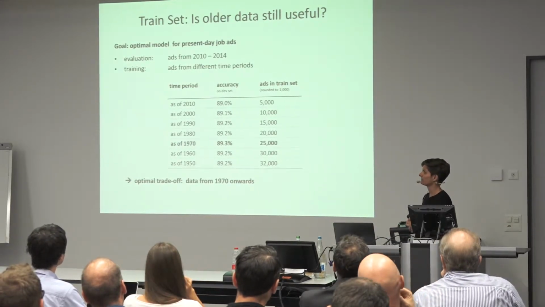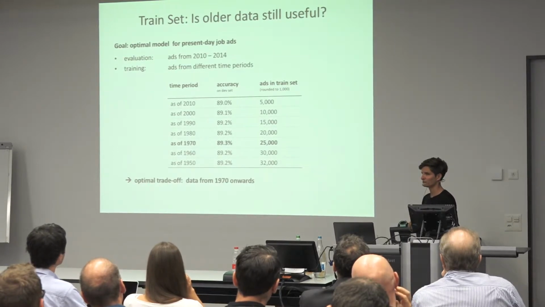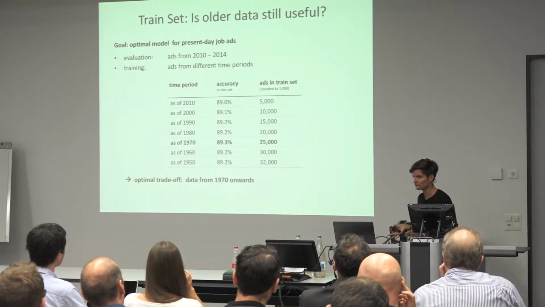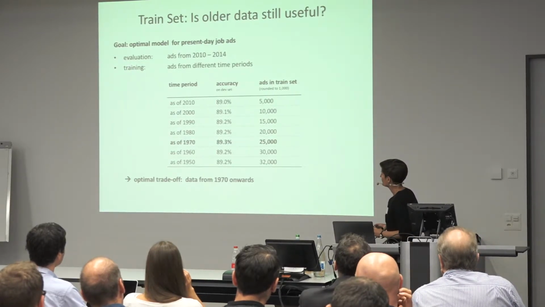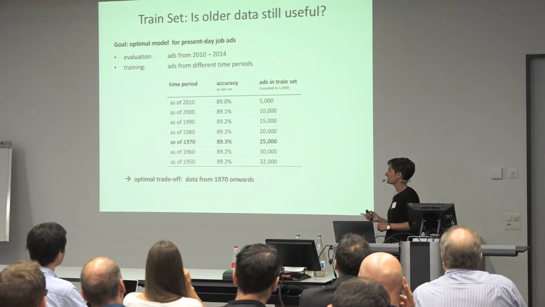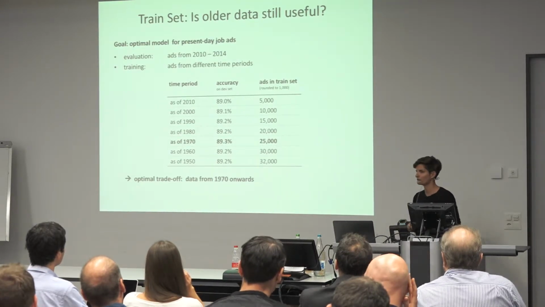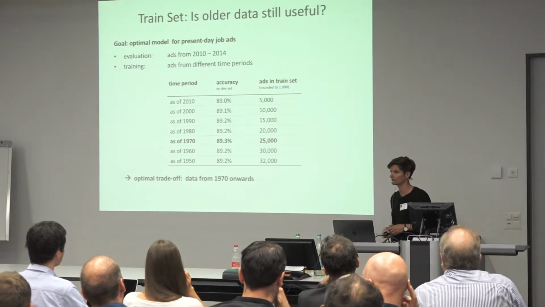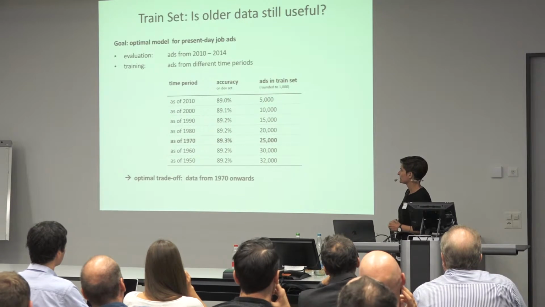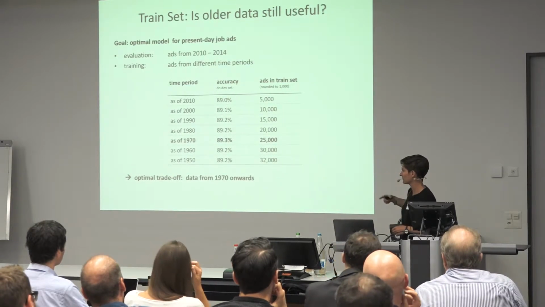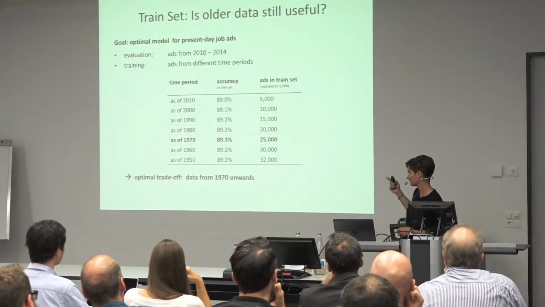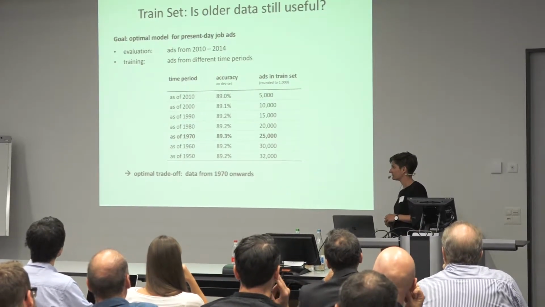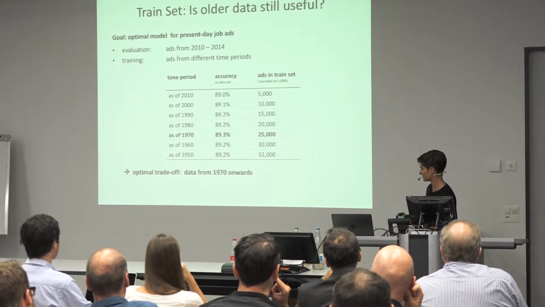One objective was also to build a model that is optimized for present-day job ads or even for future job ads. In order to find that model, we built a test set with ads from 2010 and 2014, and then built models with training data from different time periods. As you can see from the table, going back in time and adding more older data improves performance, but only up until 1970, and then performance is lower again.